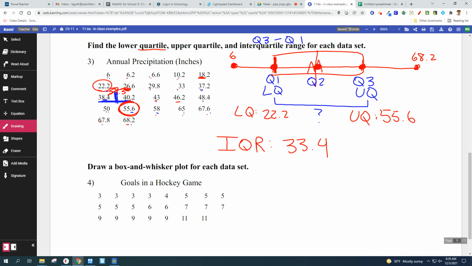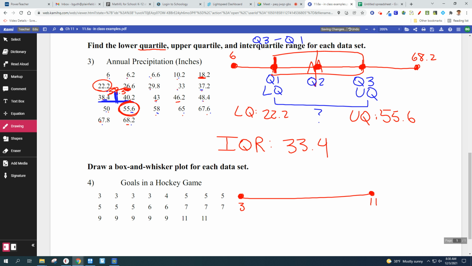When I look at these numbers, I know they go from 3 to 11. So what I can do is say the lowest number is 3 and the highest number is 11.